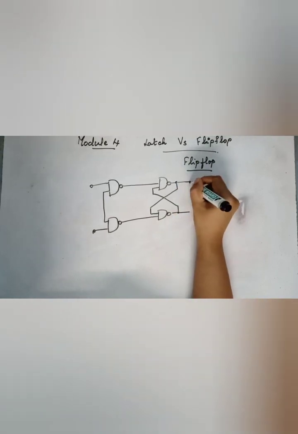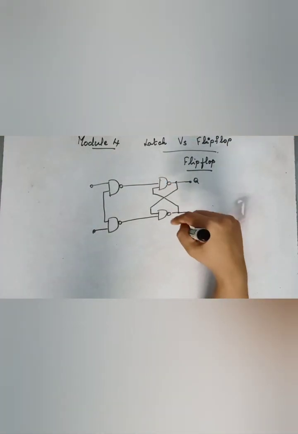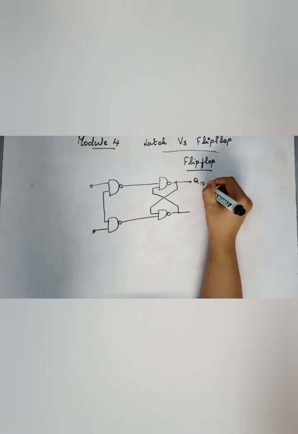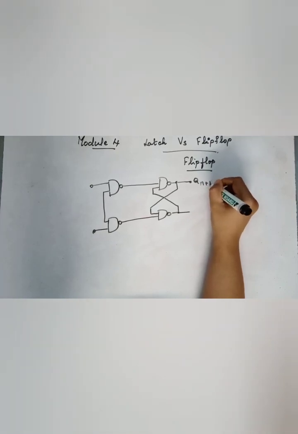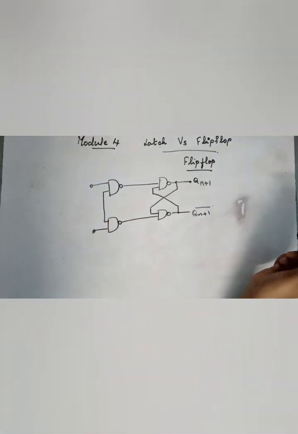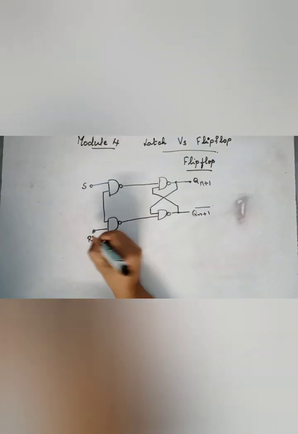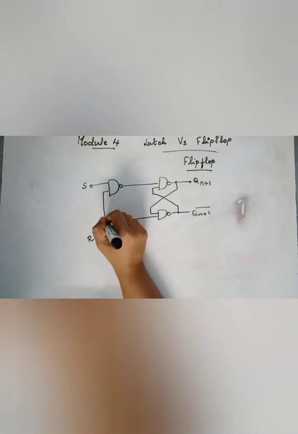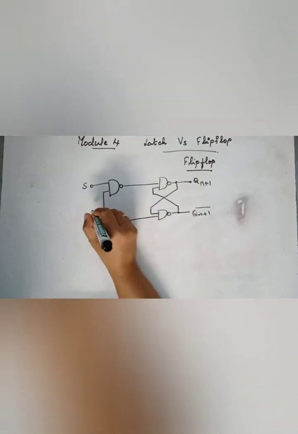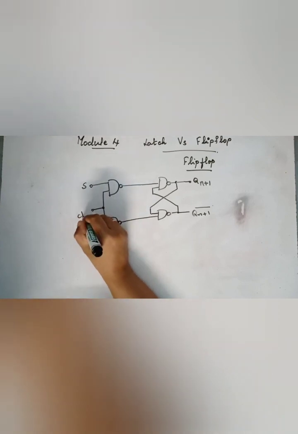And this is what we called Q and Q bar in the earlier case. Now you will call it Qn plus 1 and Qn plus 1 bar. And the inputs you will call S and R. And to this particular short, you will apply an input there also, which is called a clock.